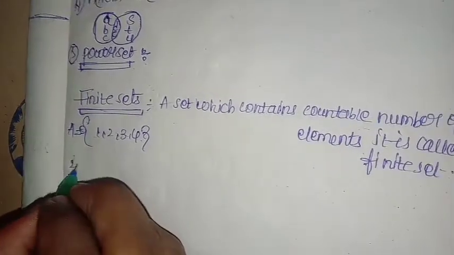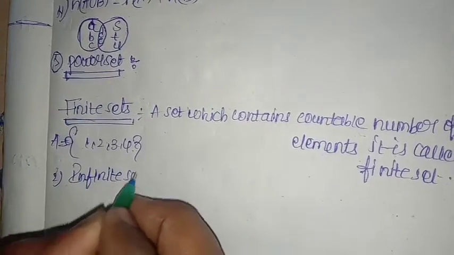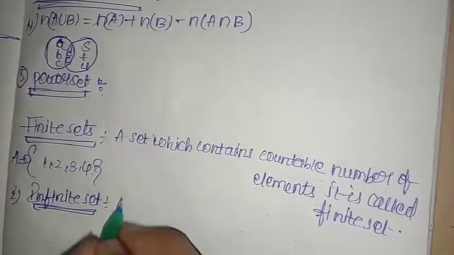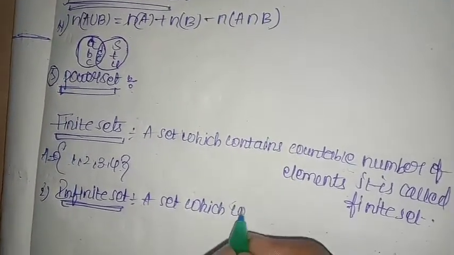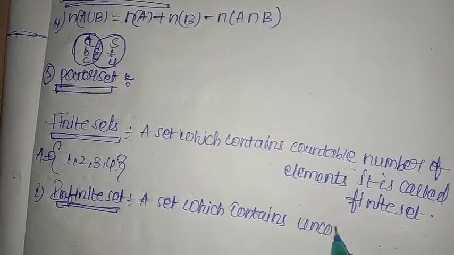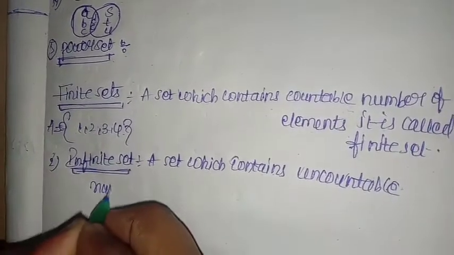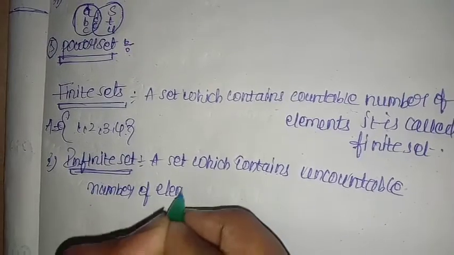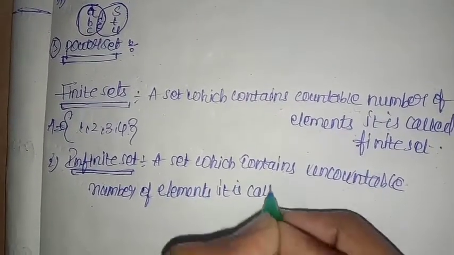So next, infinite sets. It is opposite to finite sets. So a set which contains an uncountable number of elements is called an infinite set.